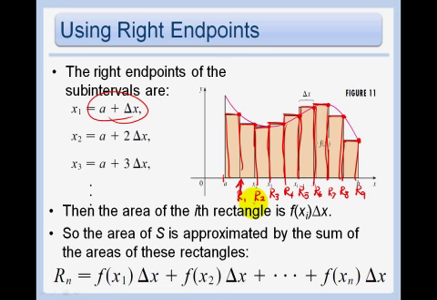If I was doing left endpoints, then my first one would just be right here. This would be my left endpoint. So I'm going to redraw with the left endpoints.